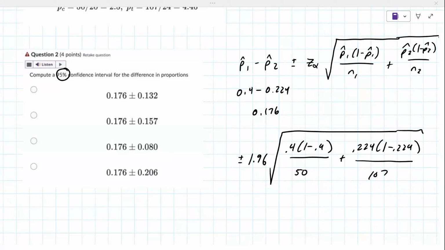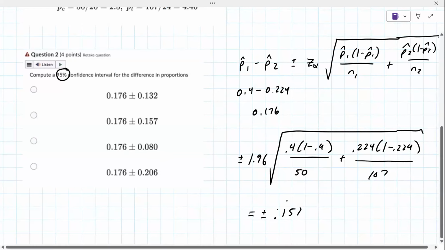There's no way to know without doing the calculation. It's just the way it is. 0.1571 is what I got here, which is the second answer, it looks like.